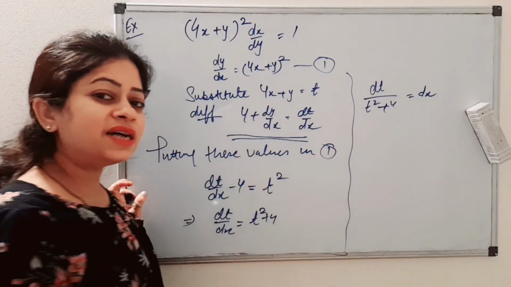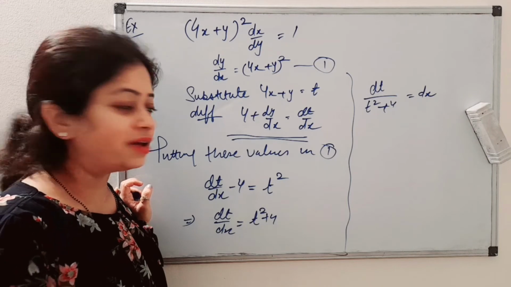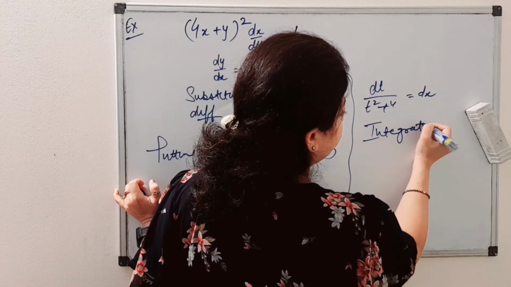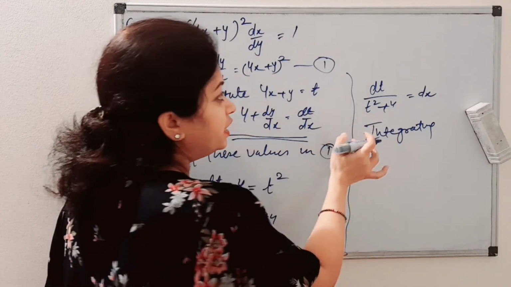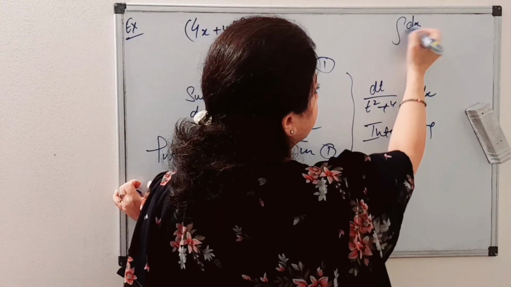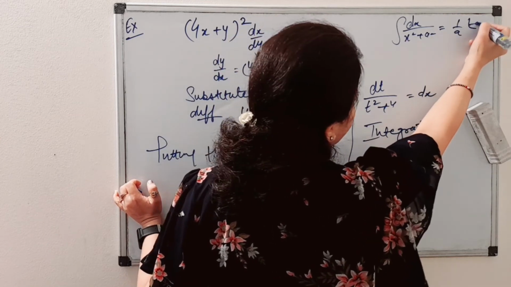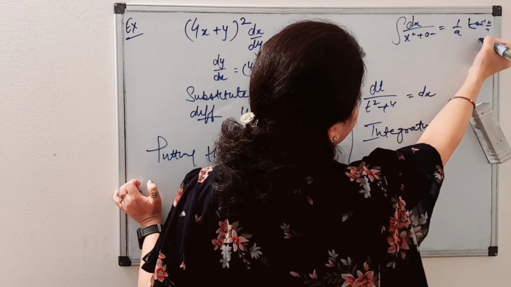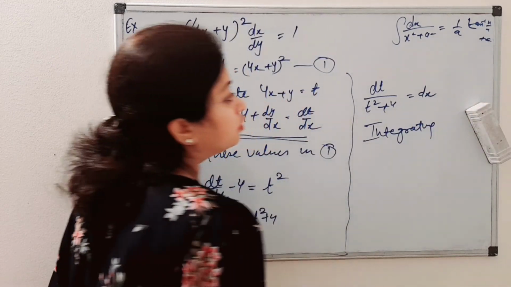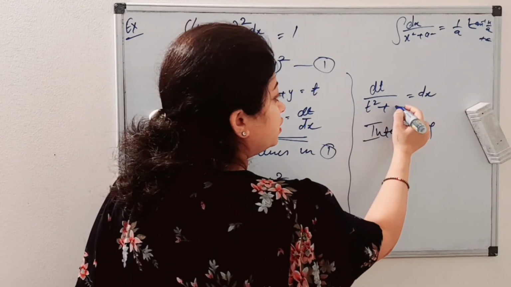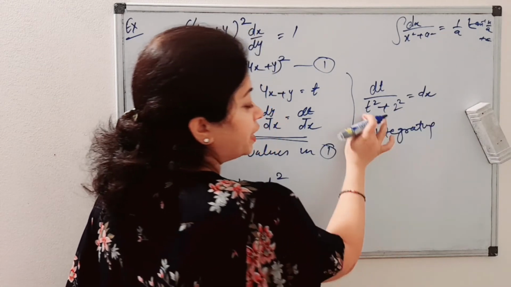Now variables are separated. So what will we do? Final step, integrating. What is the integration of dx upon x square plus a square? This is 1 upon a tan inverse x by a plus c. Here we have t square plus 4, that means t square plus 2 square, like x square plus a square.